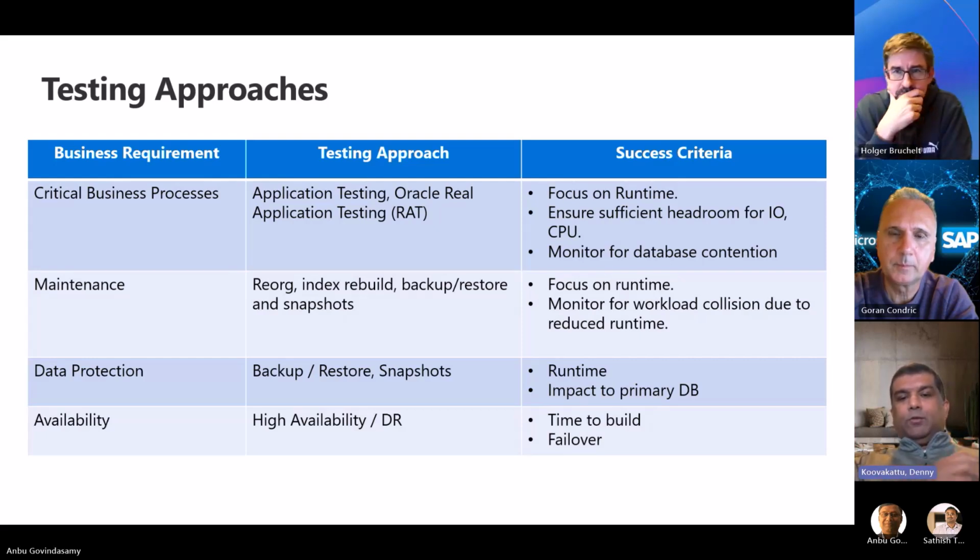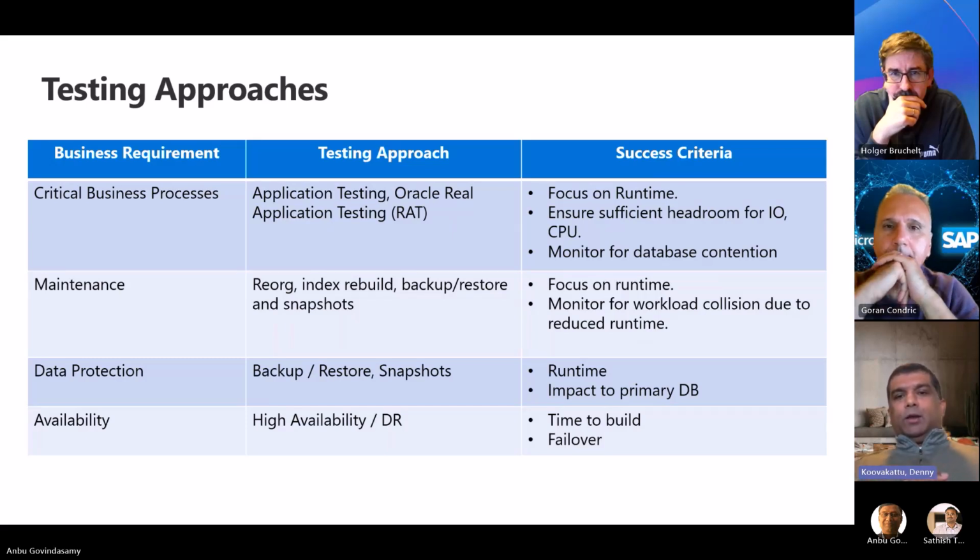You could even have application-level locking issues because things are now running faster. So be aware of that scenario. Better performing systems are always good, but one side effect is potential workload collision. So think about that.